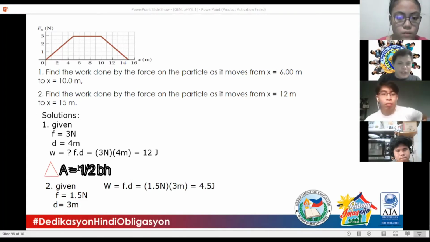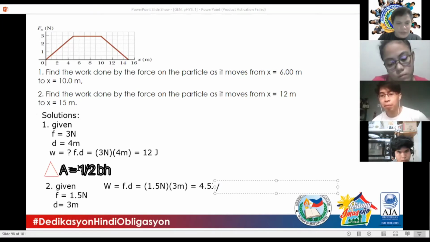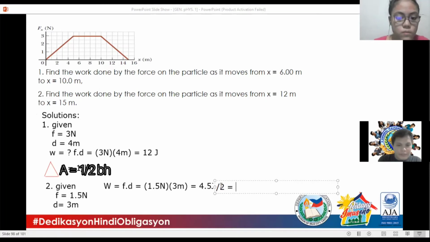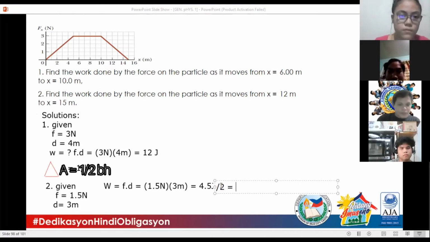Na-multiply na natin yung base times height, di ba? And then we will divide 4.5 over 2. And that is equal to, Jake, 2.25 po, sir. Joules.